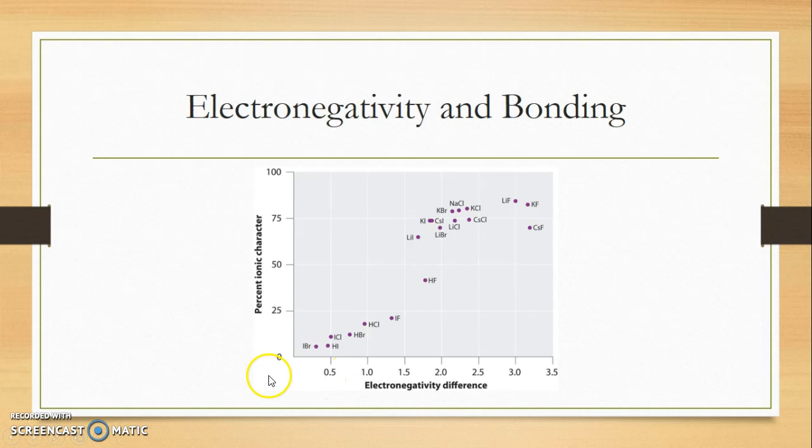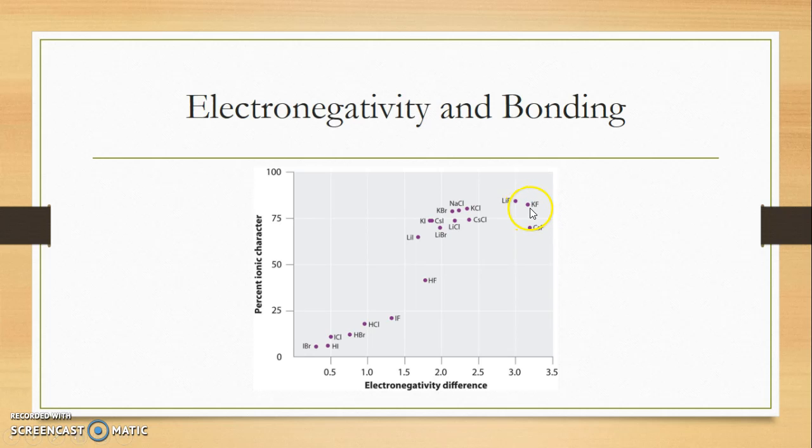What we have here is electronegativity difference. Down here, the electronegativity difference isn't very high. Remember, electronegativity is the ability of the atom to attract electrons. The difference between iodine and bromine is not very much, whereas the difference between potassium and fluorine is quite a lot.